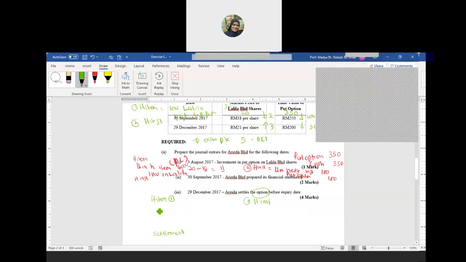Okay, for H item first. For 29th, the price becomes 21, so increased by 3. What will be your journal entry for that one? Okay, any of you, please.